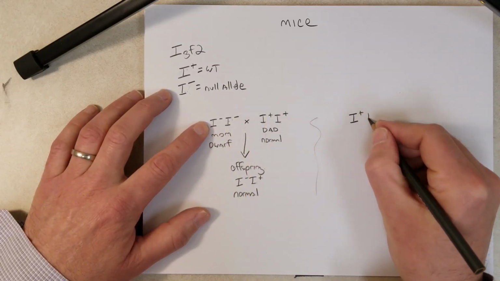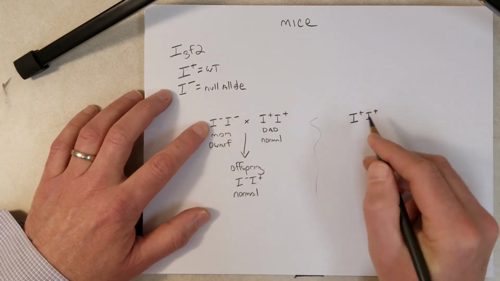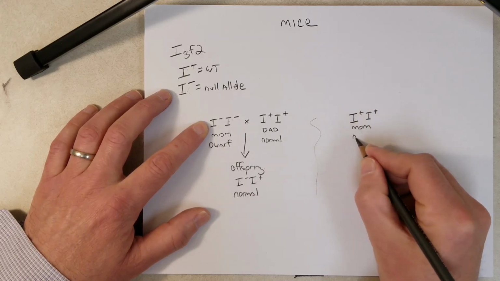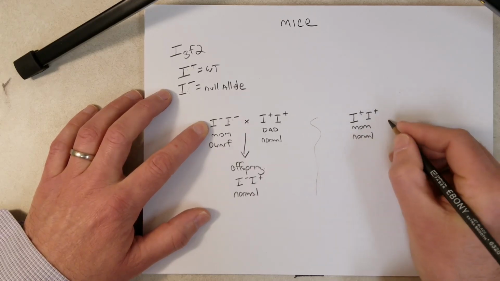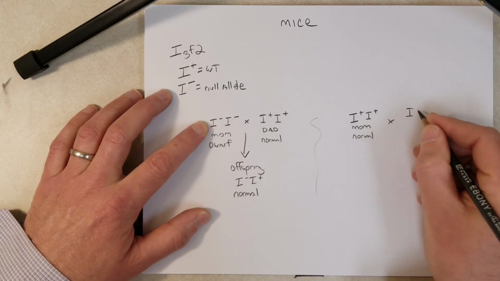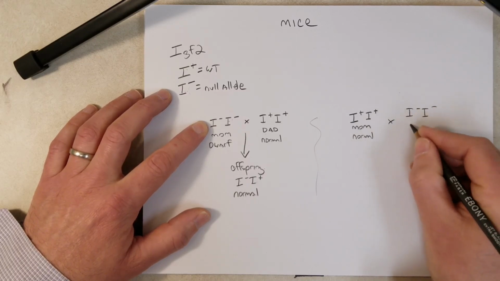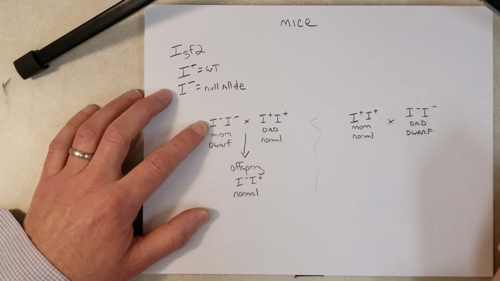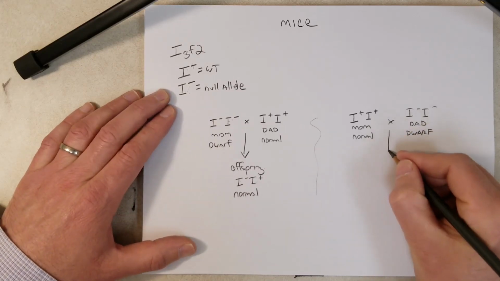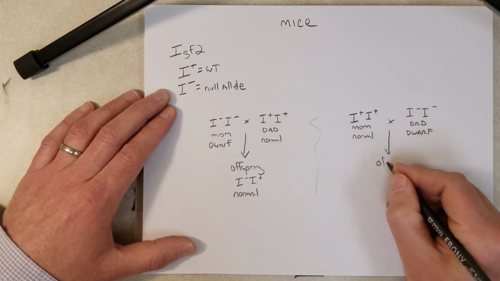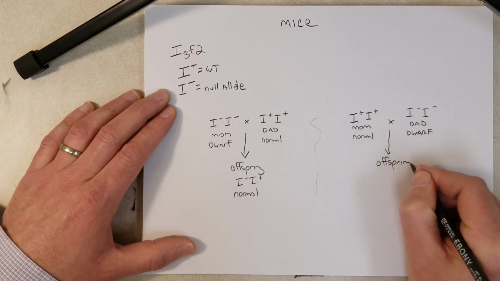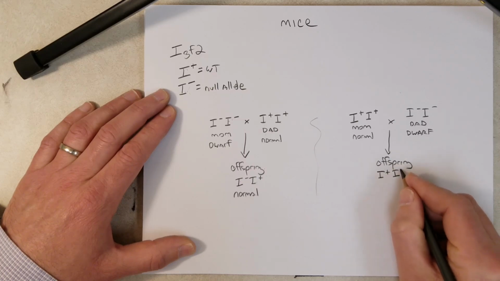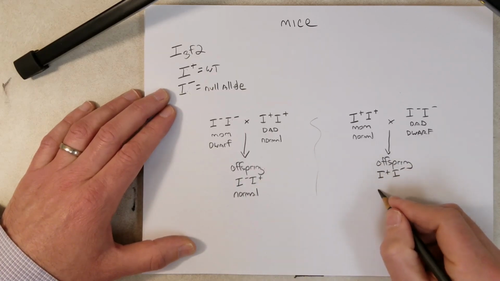Over here, the mom is going to be I plus, I plus, so the mom has the normal phenotype, and the dad is a dwarf, has the dwarf phenotype. Now we do this cross, and if we look at the offspring, they're all I plus, I minus heterozygotes, just like over here, but they're all dwarf.